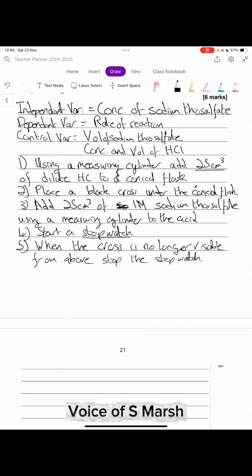And now we need to do the experiment again. Now technically we're not repeating the experiment here, we are doing an experiment with a different value of the independent variable. We can't call that repeating.